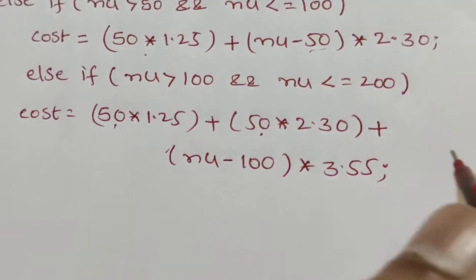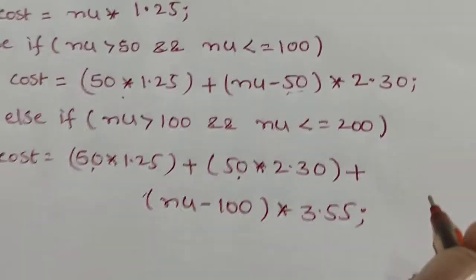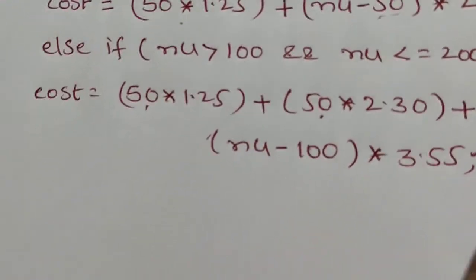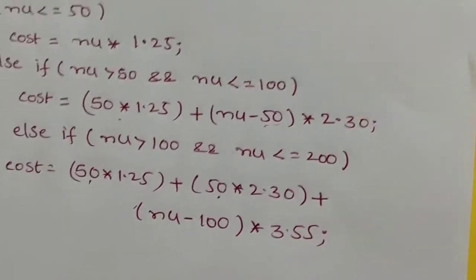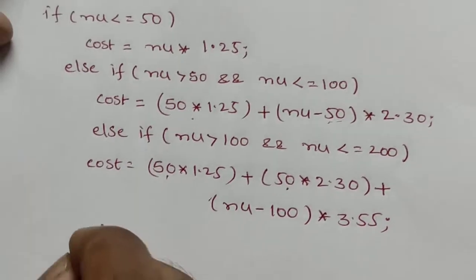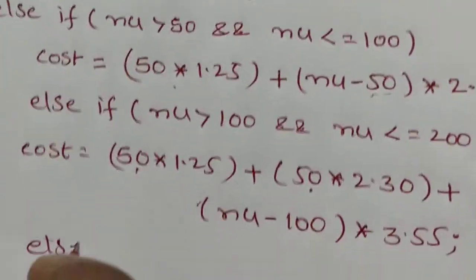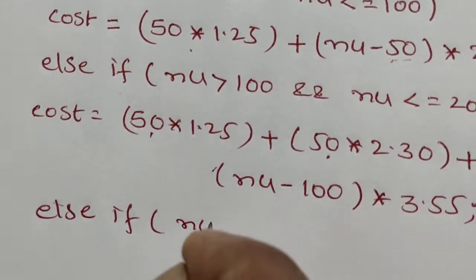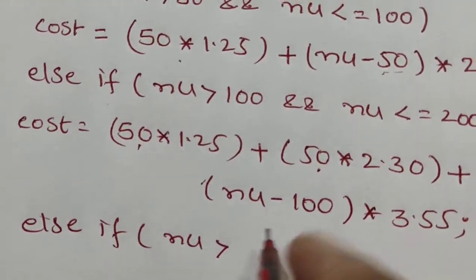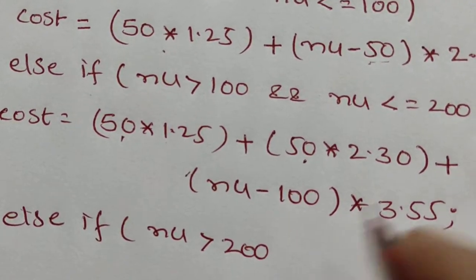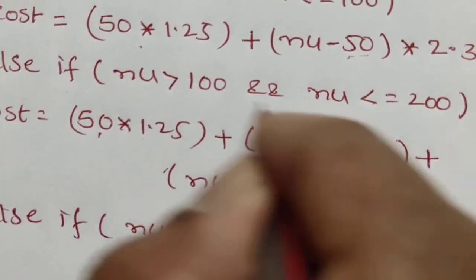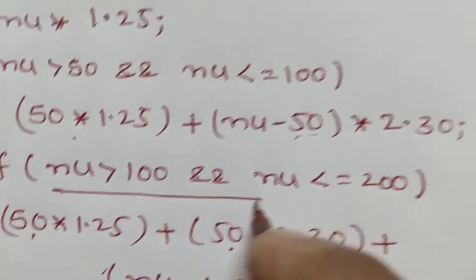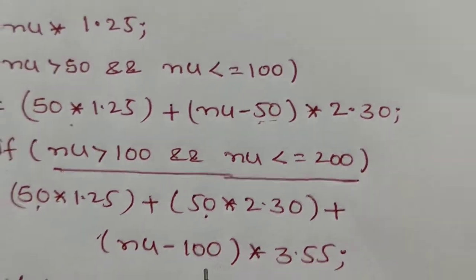Suppose the consumption of electricity is more than 200 units. For this I again write one more else if number of units greater than 200, because previously we calculated number of units greater than 100 and less than or equal to 200.